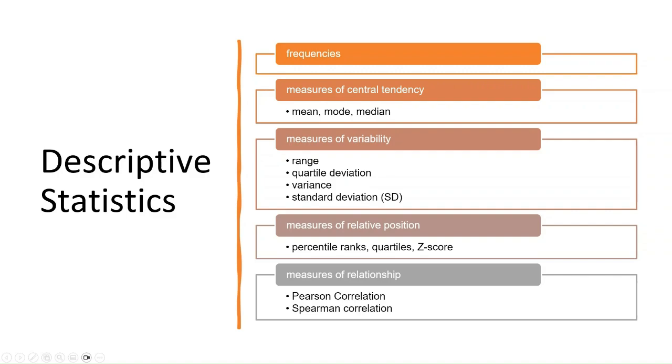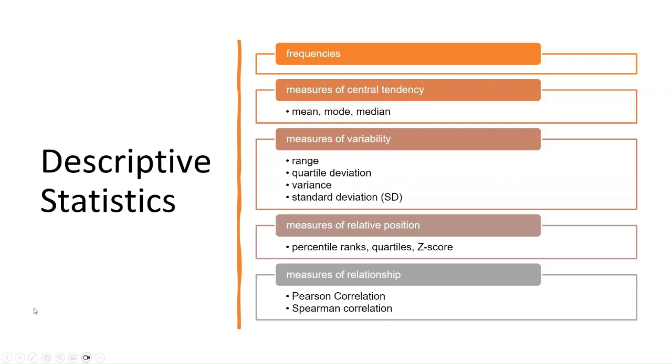And then we have measures of relative position. These measures help us understand where a specific score stands in comparison to the rest of the data. Think of percentile ranks, quartiles, and z-score. So they provide context to individual scores within a distribution.